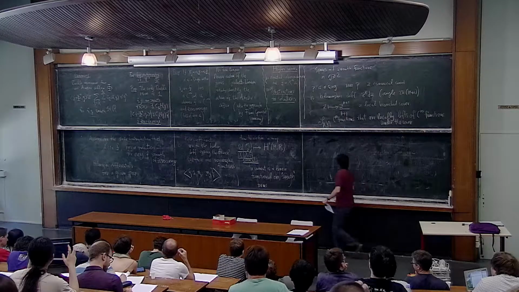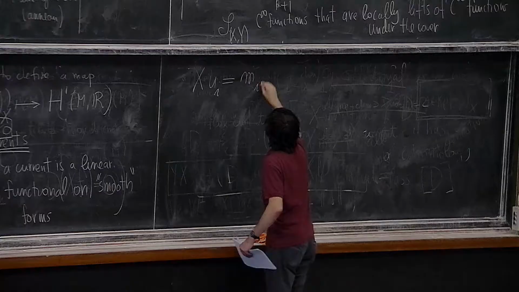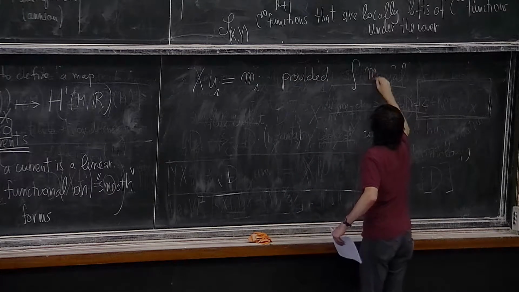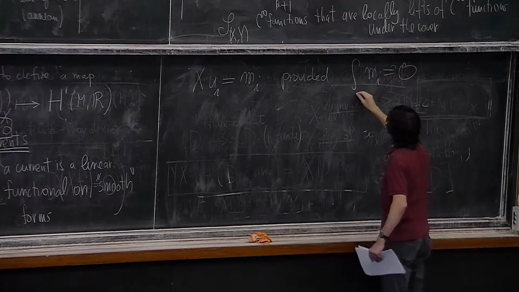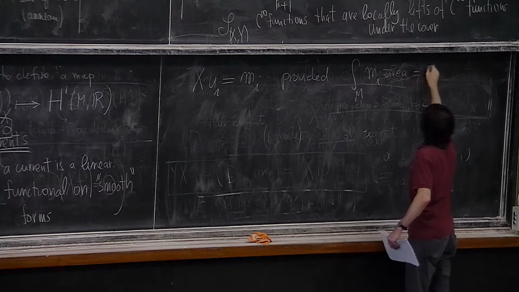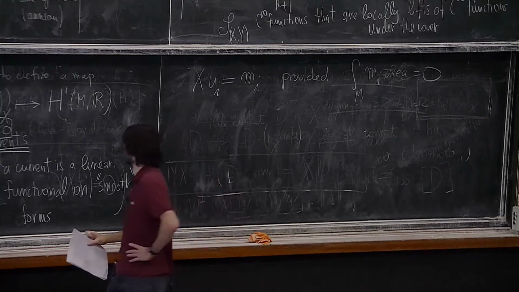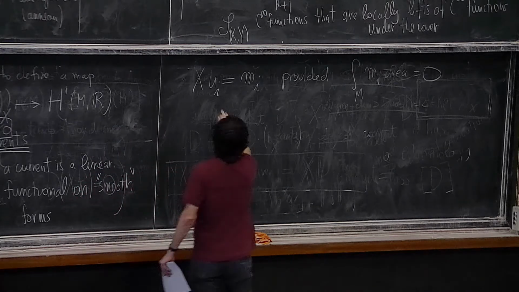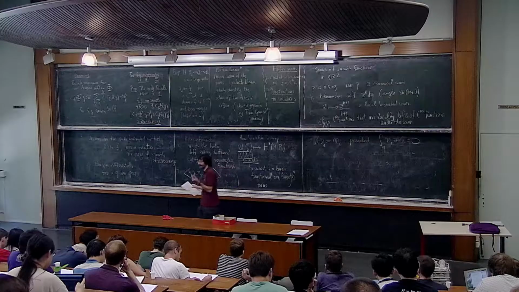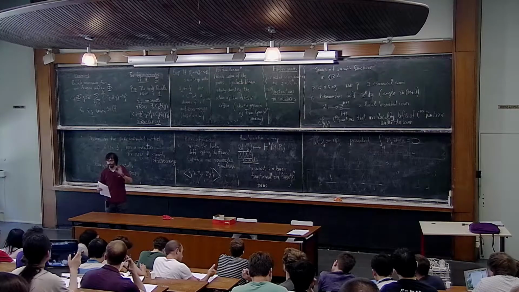Now I can solve X u_i = m_i, provided the average of m_i is equal to 0. These m_i are going to be integrable. In fact, they are going to be L2, and I can do that. Now here I'm cheating a little bit, because the m_i are not in my space, but only at the singularities, and I can solve locally at the singularities to get rid of that.